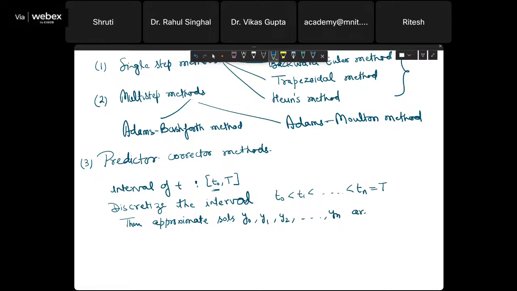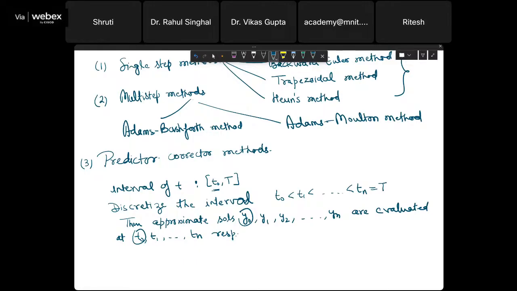These approximate solutions are evaluated at the discrete points. This y0 is already the given value. y1, y2, yn will be evaluated at the points t1, t2, tn, which we obtain after discretizing the interval. So the interval can be discretized with a constant step size, or we can even take a variable step size.